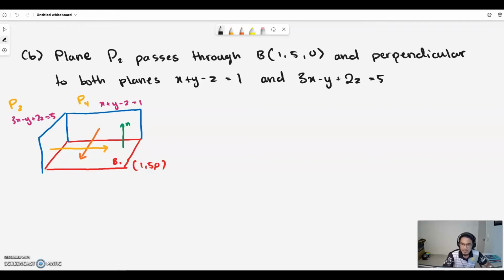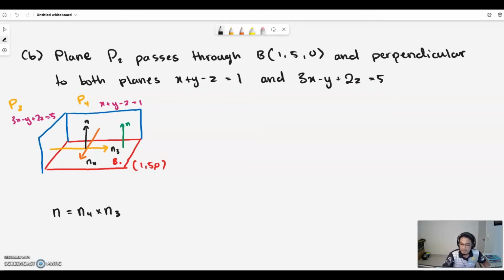Now we will have n3 and we have n4 right here. So from that diagram, our vector n for P2 that we have been looking for will be equal to n4 cross n3. Then it will produce a vector n perpendicular to plane P2.